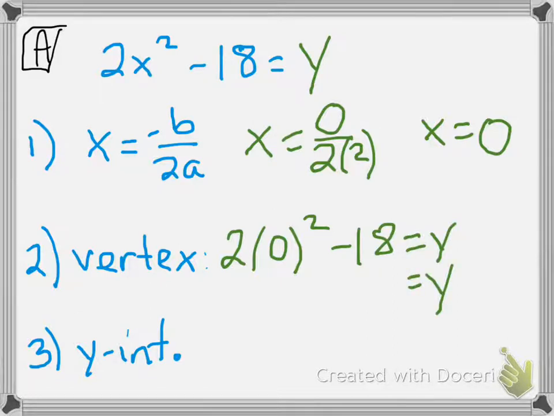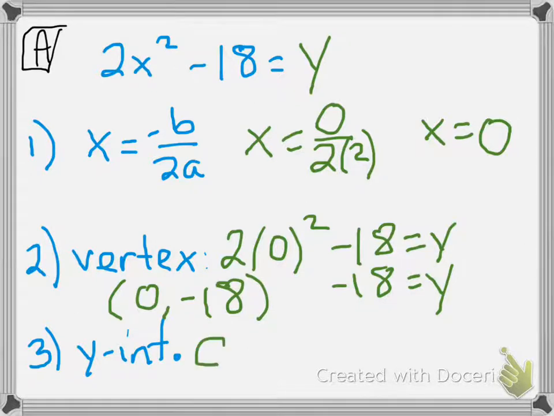Y equals negative 18. So that means our vertex is at 0, negative 18. Oh boy, that's going to be fun to graph. And then our y-intercept, okay, we're looking at C. So our y-intercept is 0, negative 18.